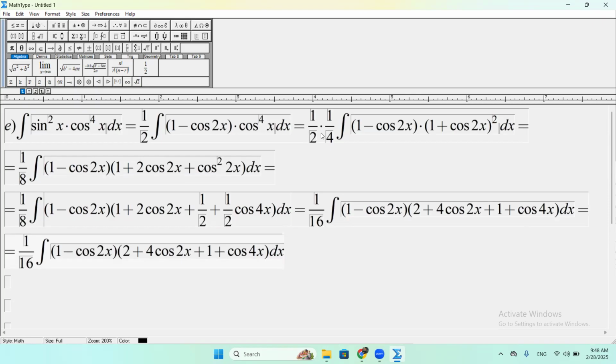So first of all, we multiply by 1. Yeah, by the way, let's write it in a more compact way here. And then continuing.